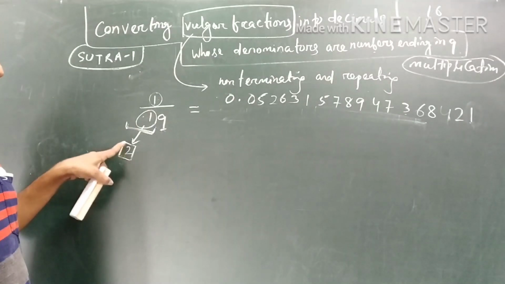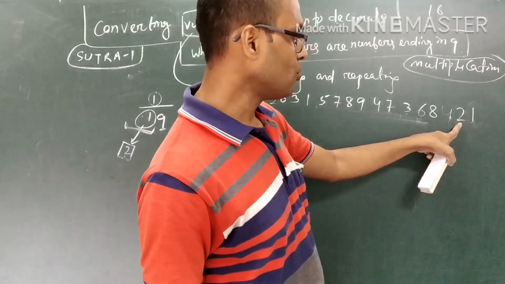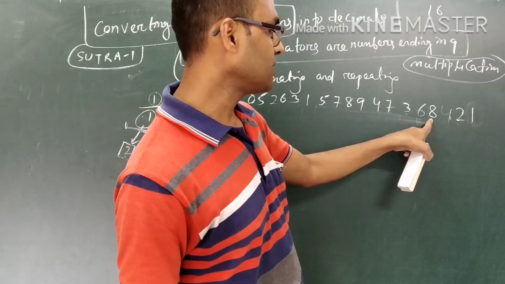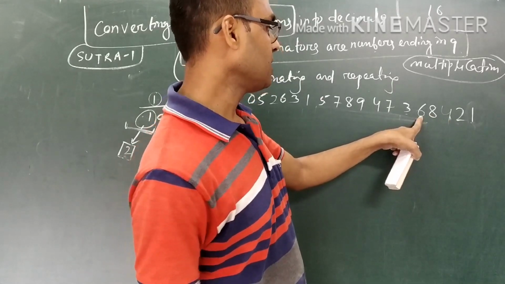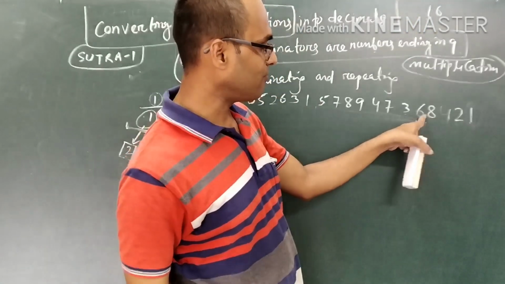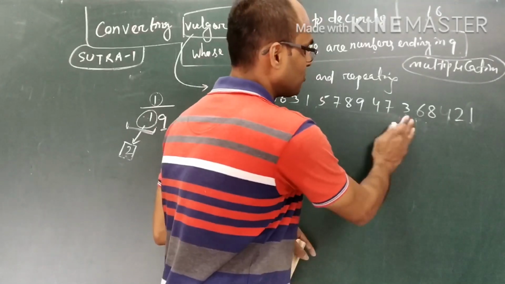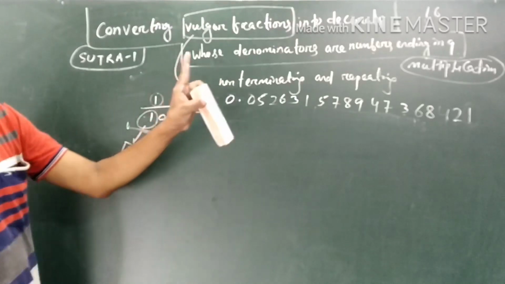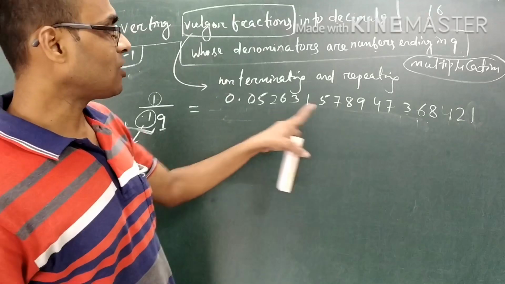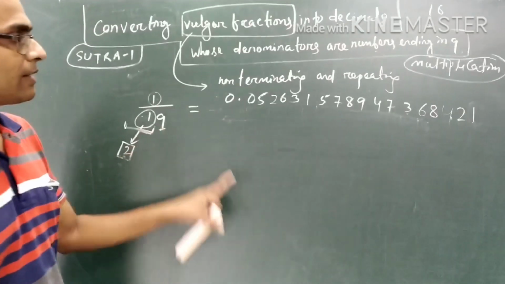This 2 is playing the main role here. 2 into 1 is 2, 2 into 2 is 4, 2 into 4 is 8, 2 into 8 is 16, but you have to write one digit, so 1 will be carry. 2 into 6, 12 plus 1, 13, and similarly carry. Like this we proceed until the numbers repeat again. So this is the answer of 1 by 19.